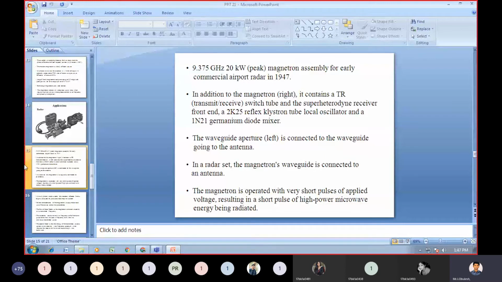The magnetron is operated with very short pulses of applied voltage, resulting in a short pulse of high power microwave energy being radiated.